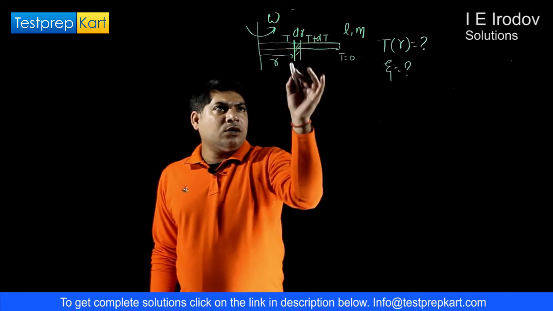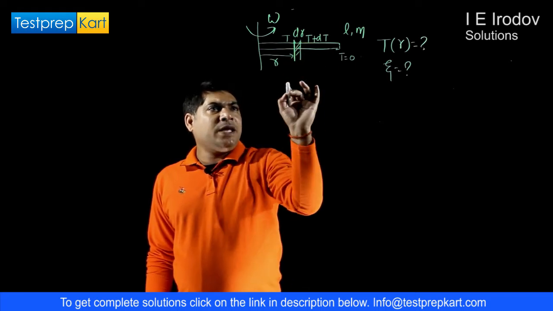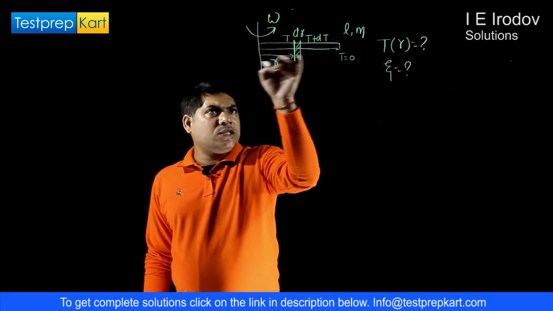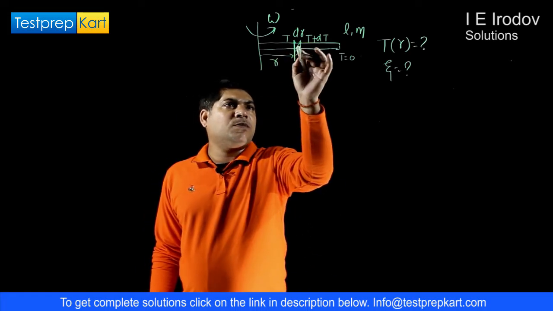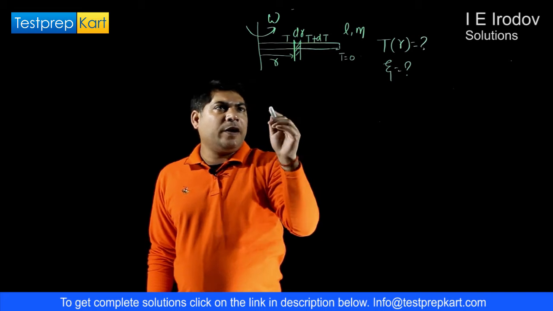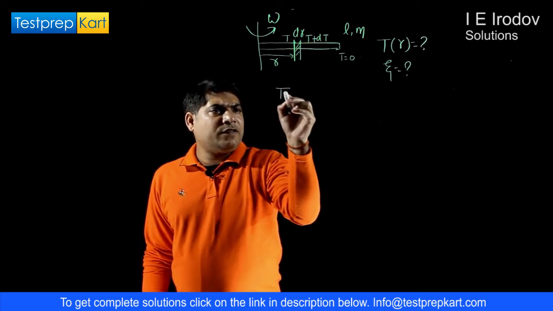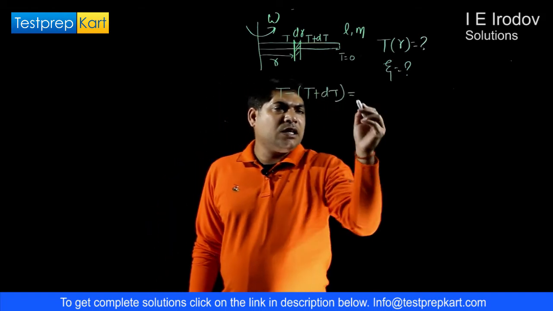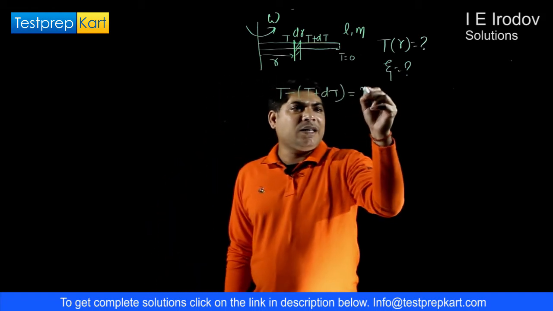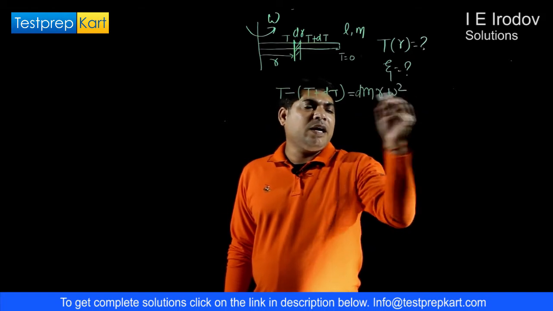So this tension difference between these two points will be equal to the force due to this circular motion, or due to this rotation, on this particular segment. So the difference of tension, T minus T plus dT, is equal to the force acting on this segment, that is dm r omega square.